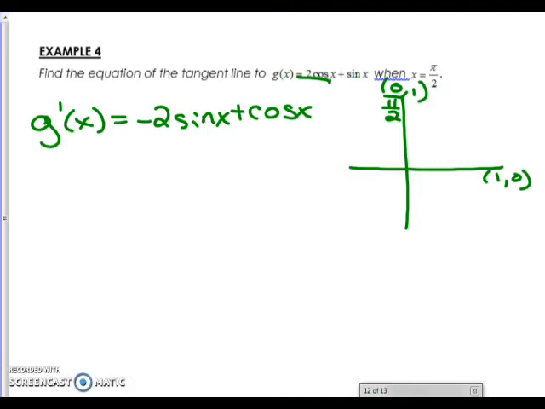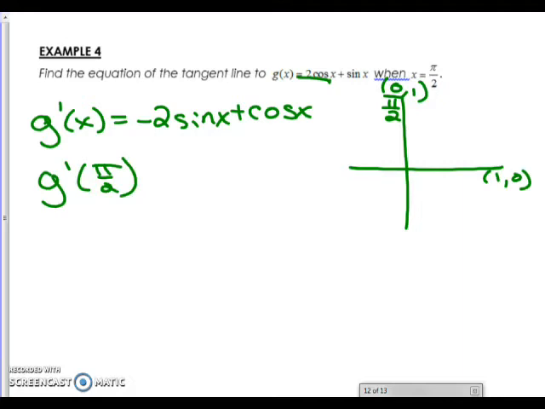Now, it says find the equation of the tangent line. Tangent means derivative, slope, right? So to get the slope, I need to take the derivative, check. But now I need to plug into that derivative to get a number, because slope is a number. So I'm going to plug pi over 2 into the derivative.